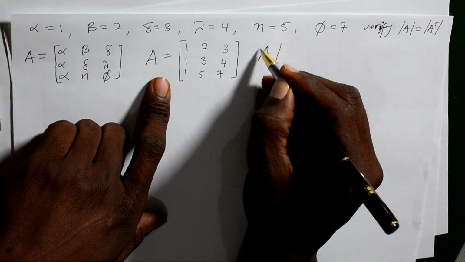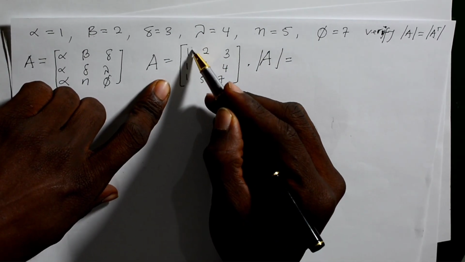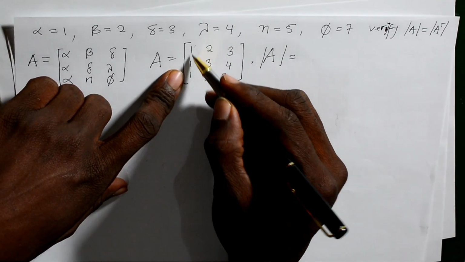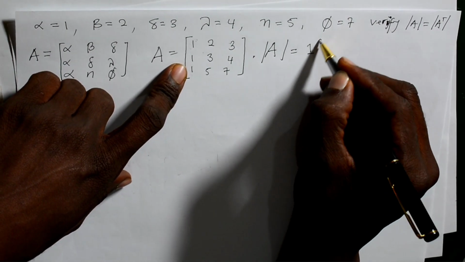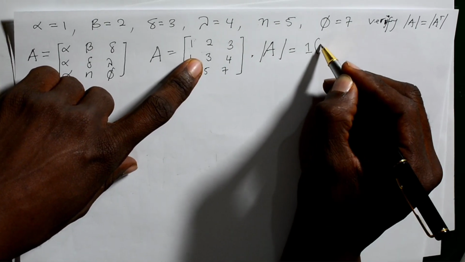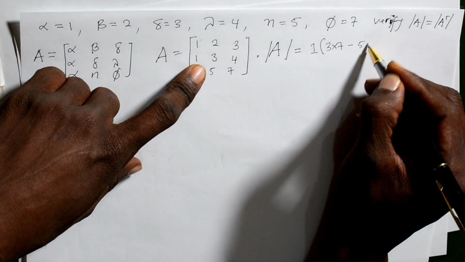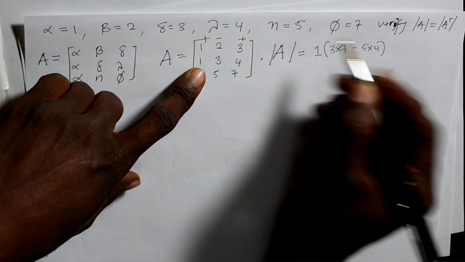A determinant will be equal to carry 1, close its column and row, then we go for the remaining values. That means 1 into 3 times 7 minus 5 times 4, then plus minus plus, don't forget.